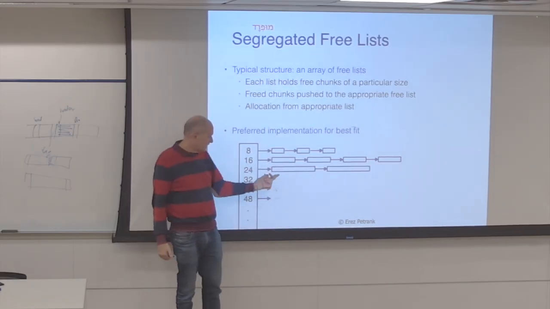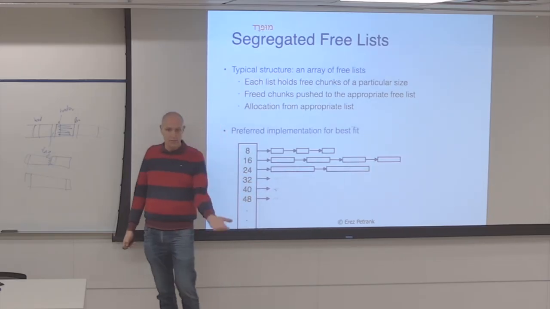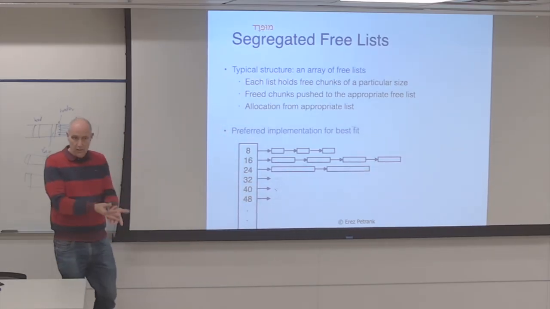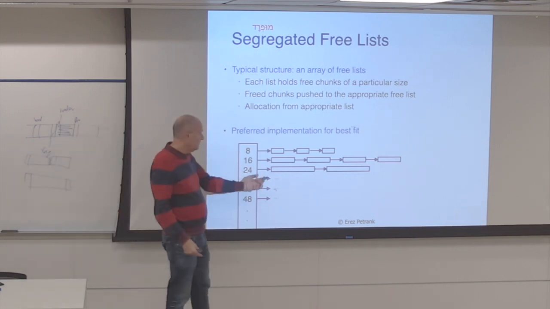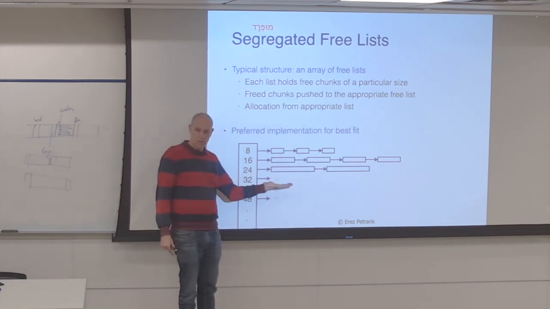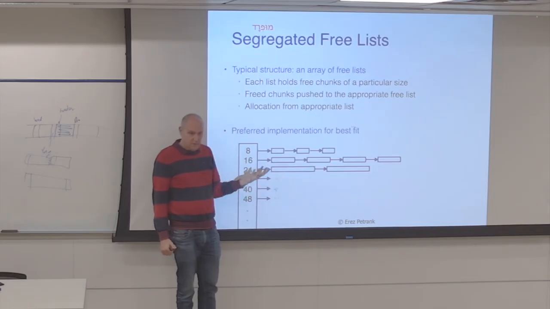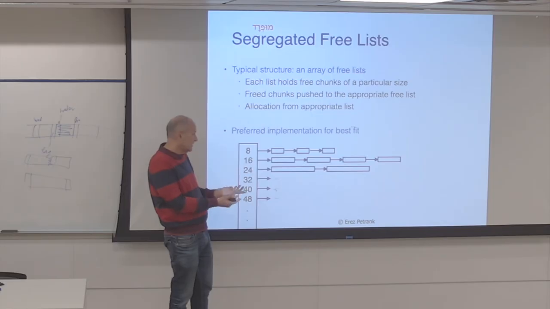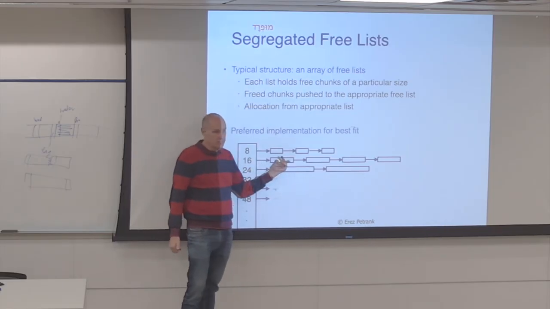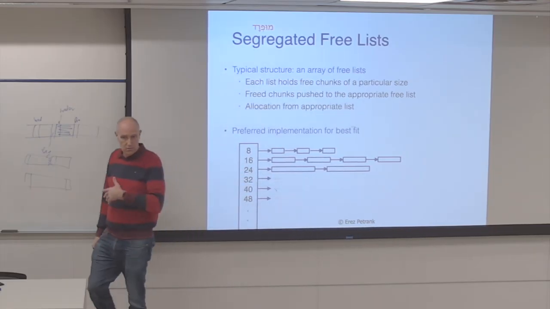Free spaces of size 24 are here, and so forth. Now, if you want to allocate an object of size 24, you come here, you take the object and you use it for allocation. If you release space of size 16, you just add it to the list of 16. So this is easy.